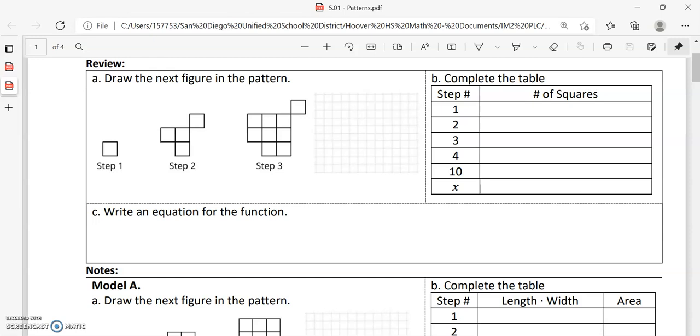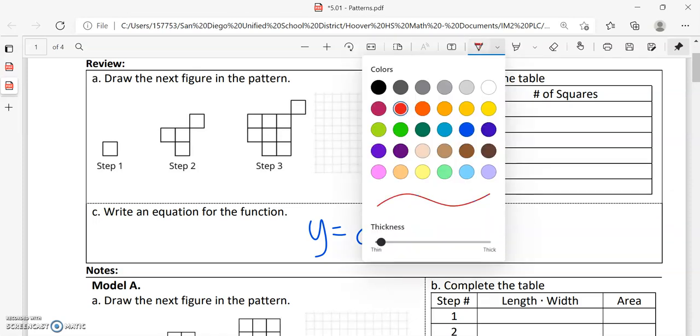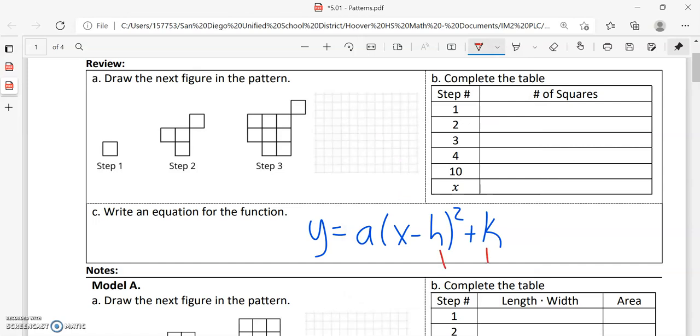So instead of a vertex form, which would look like that, where our vertex can be found from those two numbers. This is our x value, this is our y value.